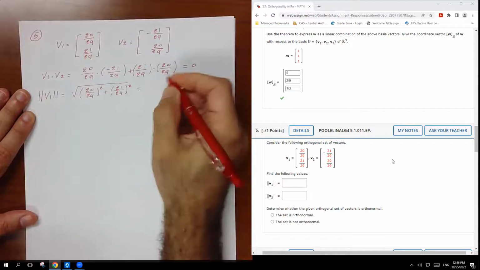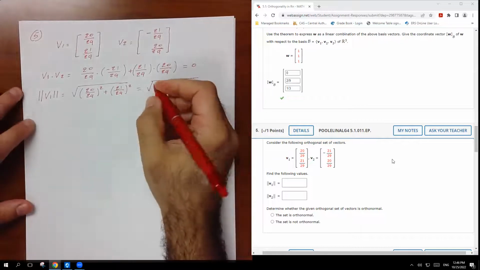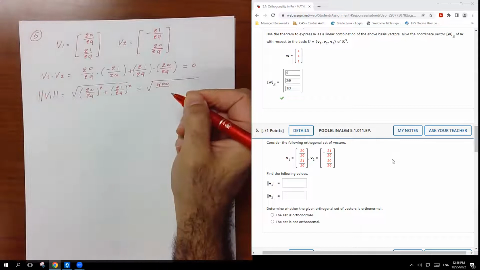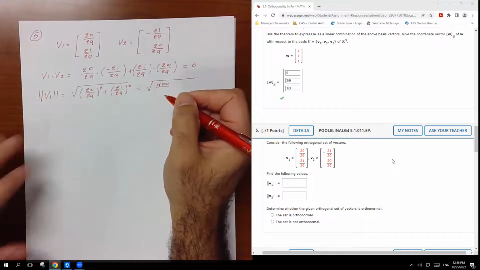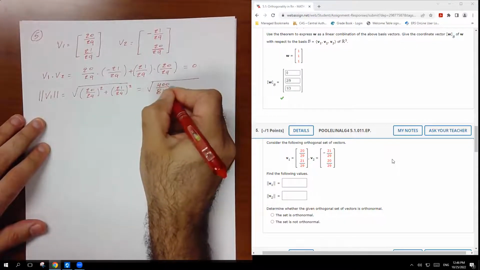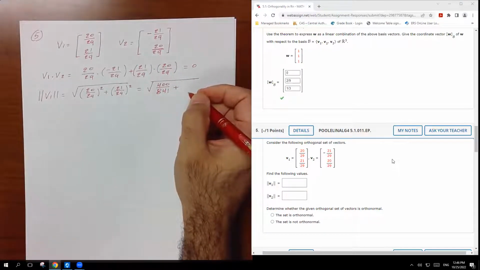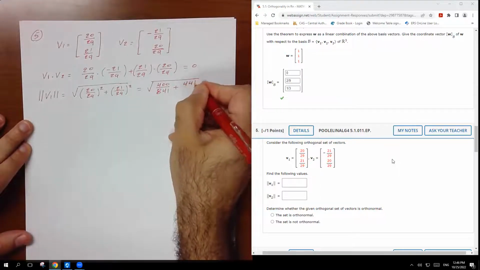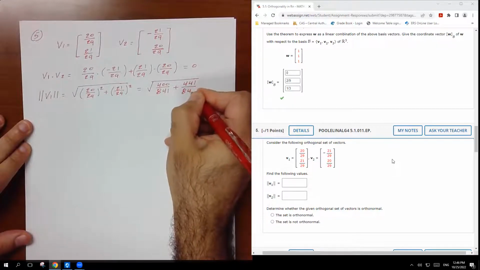That is the square root of 20 squared, which is 400, over 29 squared, which is 841, plus 21 squared, which is 21 times 21, so 441, over 841.